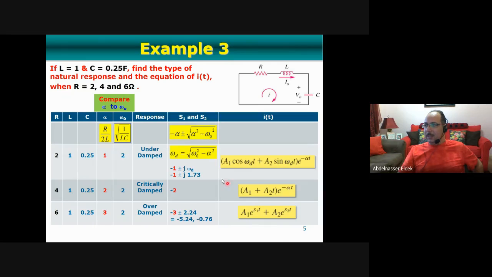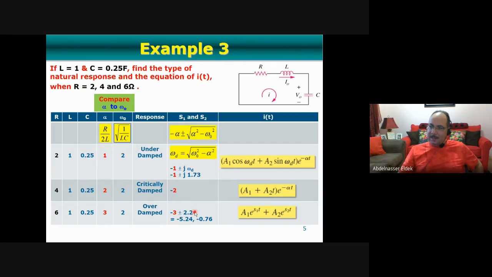S is negative alpha plus or minus square root of alpha square minus omega 0 square. This is S1 and S2, both of them. So alpha is 3, so negative 3, plus or minus square root of what? Alpha square is 9, minus omega square is 4. So actually square root of 5. So it will be negative 3 plus or minus square root of 5, which is 2.24.